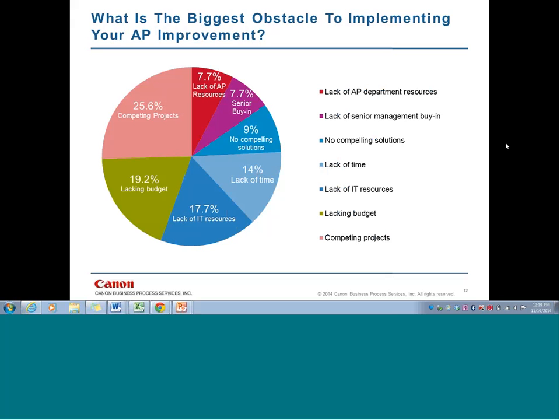If you look at the pie chart, roughly 75% said competing projects, lack of budget, time to devote to implementing change, and the IT resources needed to implement change or technology to make the improvements is the problem as to why they have not implemented the strategies, initiatives, and projects that they would like to implement.